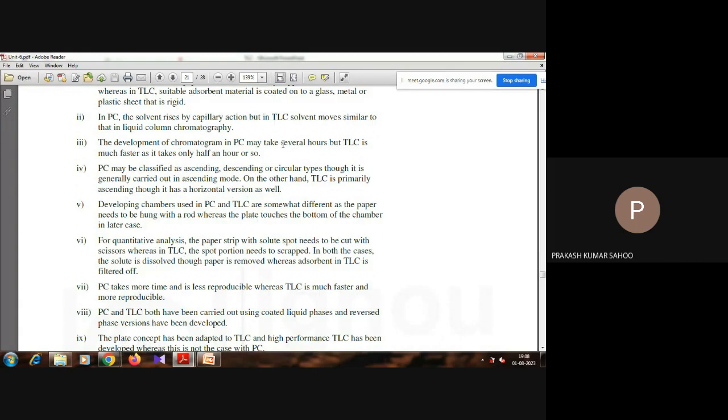So this is not capillary action, this is the phenomenon of adsorption. The development of a chromatogram in PC may take several hours, but TLC takes only half an hour or less. PC may be either ascending, descending, or circular, but TLC may be horizontal or ascending.